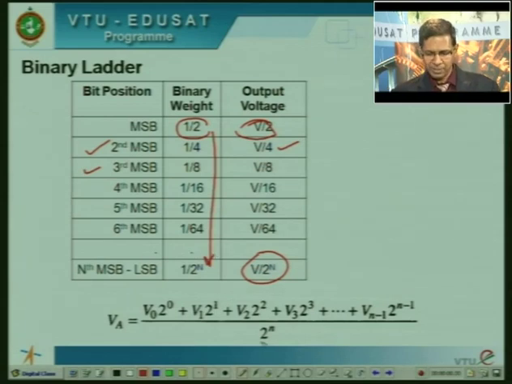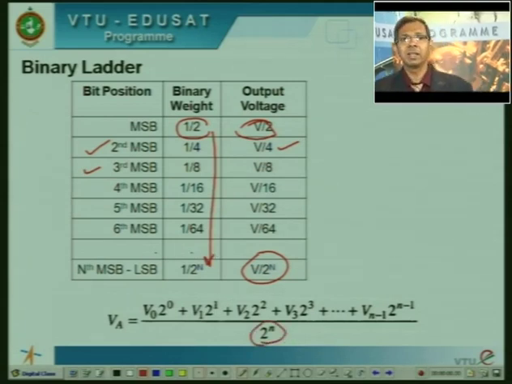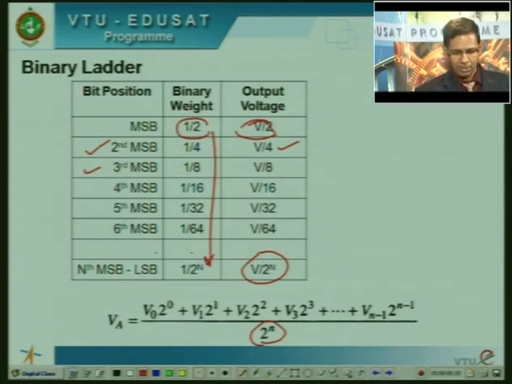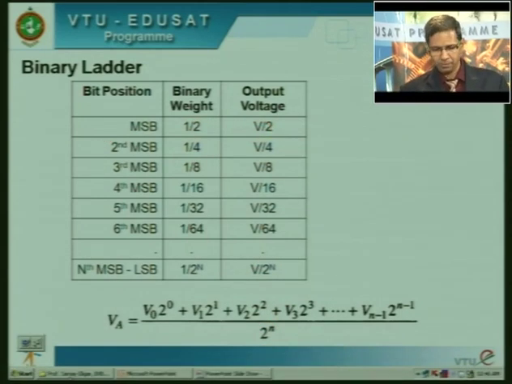The only difference being the denominator is going to be 2 raised to n instead of 2 raised to n minus 1. The implication is that in case of a binary ladder, the full scale voltage, meaning when all the bits in the digital value are 1, will never reach the supply voltage. That we will try and see with the help of an example in the next slide.